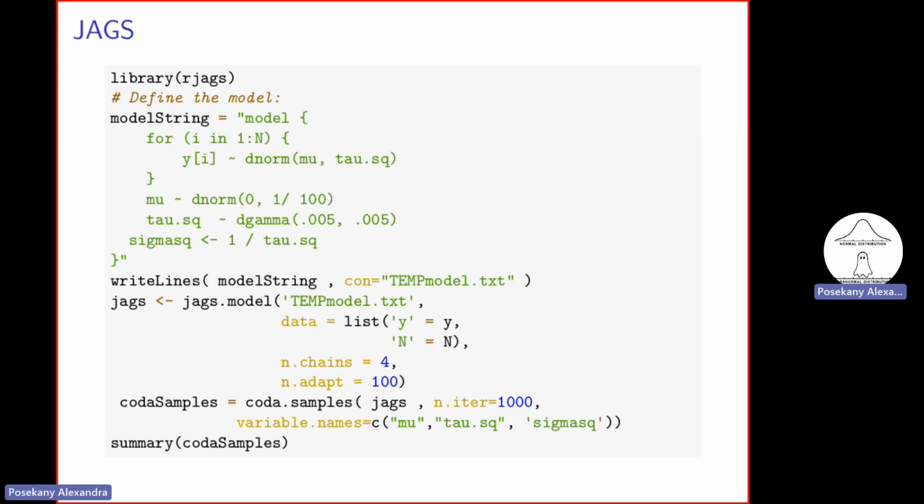So it iterates over all of the samples, and here specifies the normal distribution for the likelihood. And then we have these two parameters, and basically this is where the additional simulation comes from. This is the prior for the mu, and this is the prior for the precision, the gamma prior.